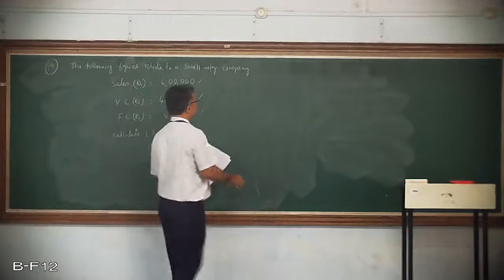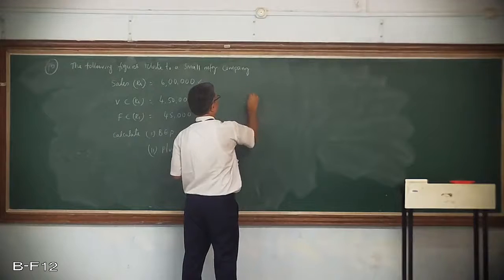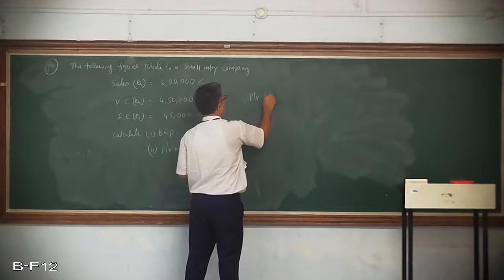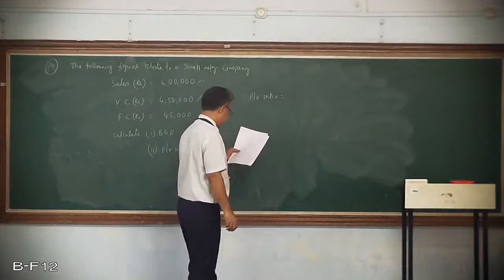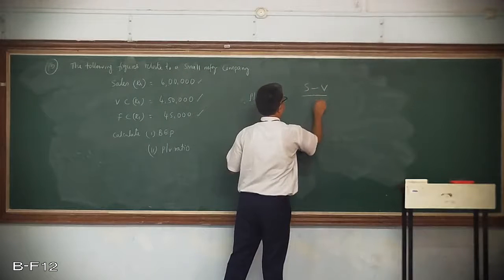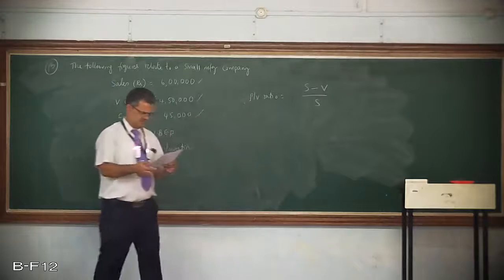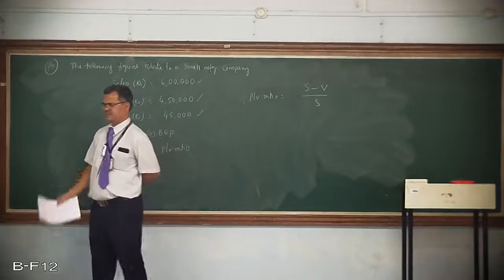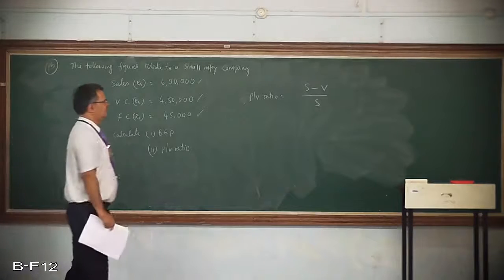So we take PV ratio first. I'll tell you why I want to do the PV ratio first. PV ratio is given by S minus V by S. That is the formula to find the PV ratio.